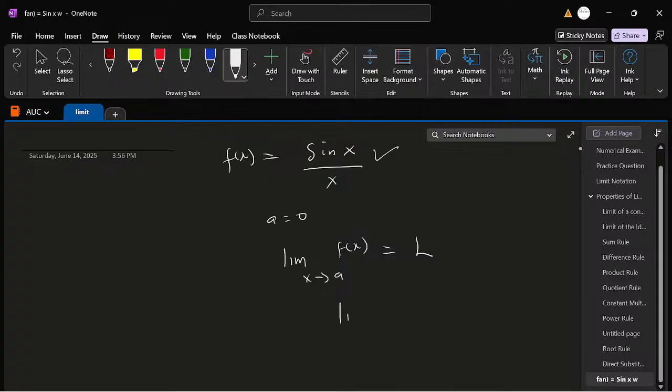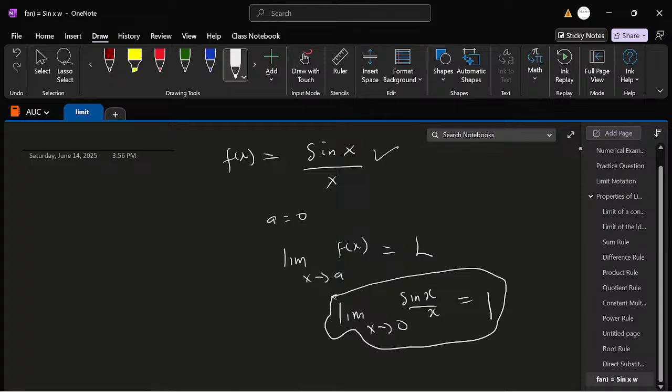So that is the limit as x approaches 0 of sine x over x. It will be equal to a standard 1. This is what you should take note of. This is a standard property for a trigonometric function. So please take note of this.